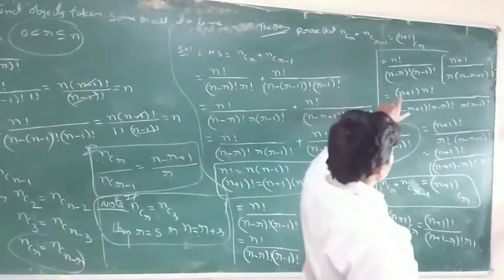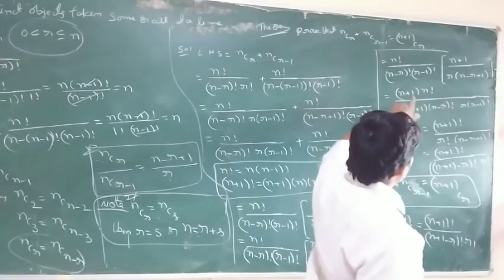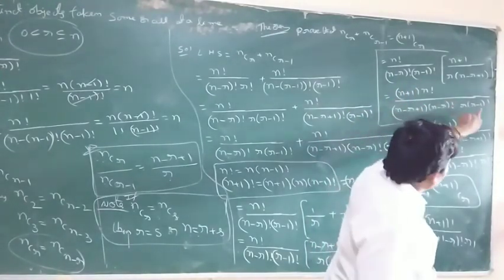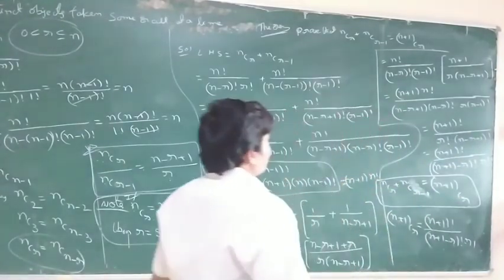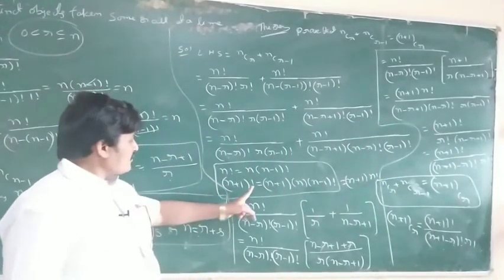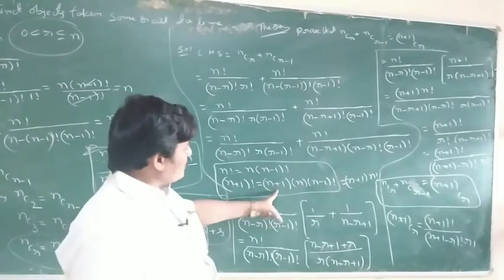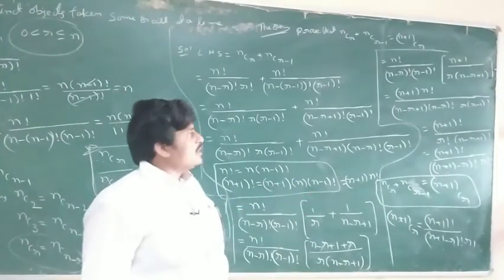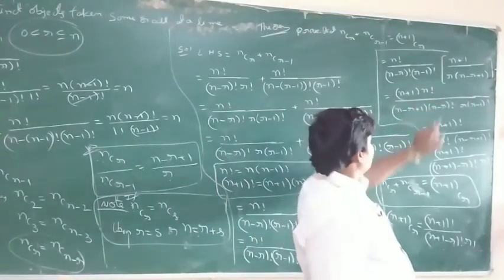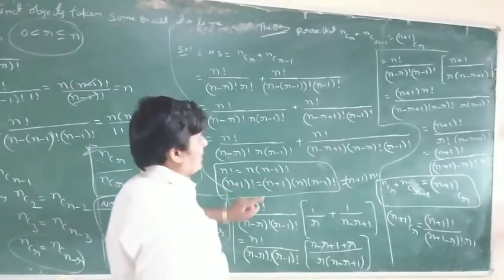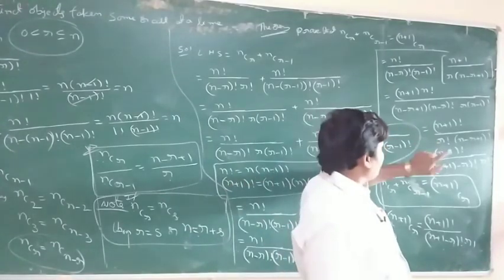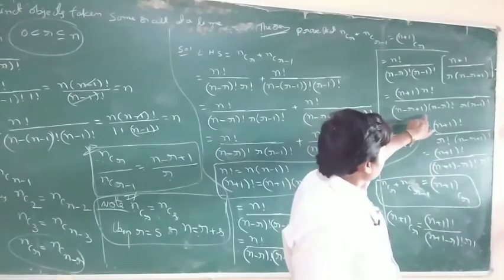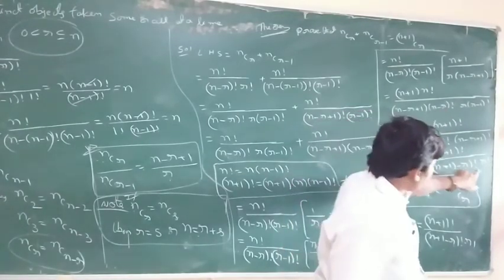So (n plus 1) into n factorial is equal to (n plus 1) factorial. (n plus 1) factorial by r into (r minus 1) factorial, which equals r factorial. (n minus r plus 1) into (n minus r) factorial is equal to (n minus r plus 1) factorial.